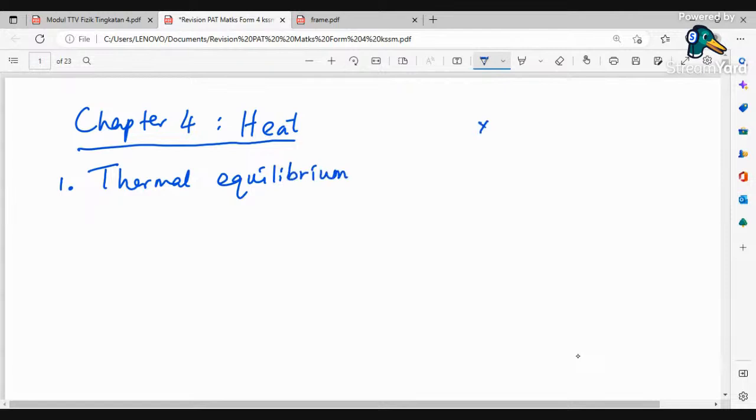Then we also introduced the word thermal contact. The word thermal actually refers to heat. Thermal contact means the objects do not necessarily have to be in contact.